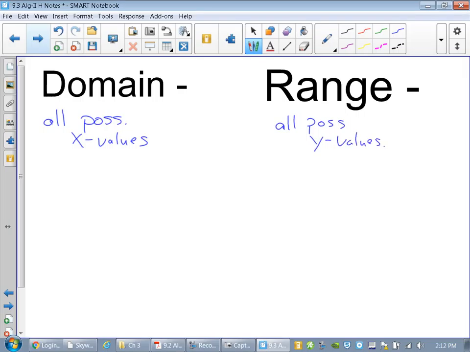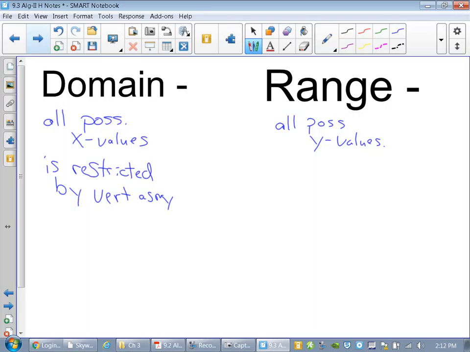Your domains and ranges are restricted dependent upon the asymptotes. Your domain is restricted by vertical asymptotes. Okay? Domains are restricted by vertical asymptotes.